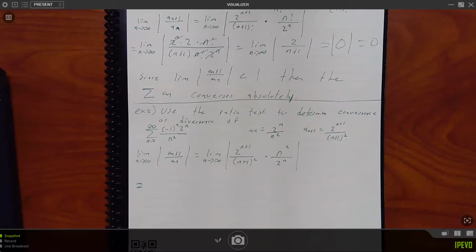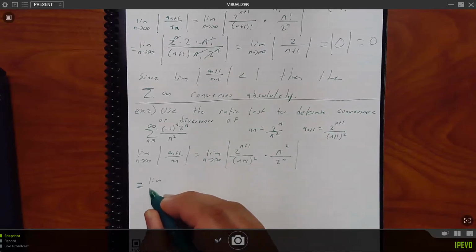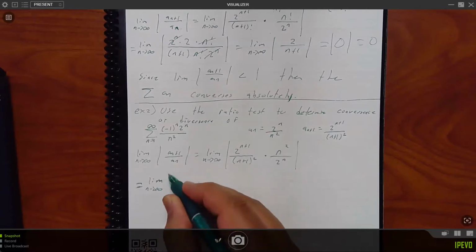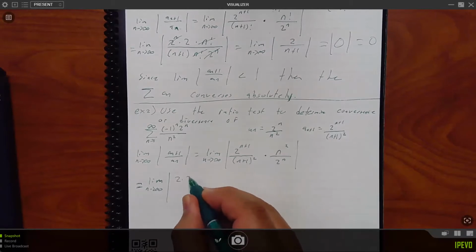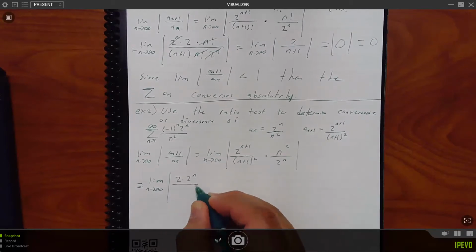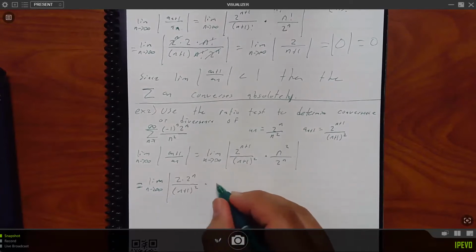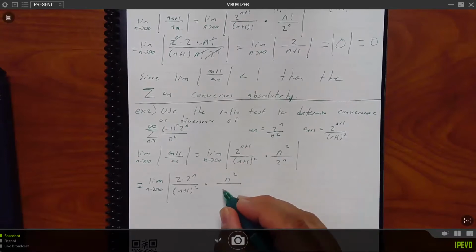All right. So let's show the algebra here. Two times 2 to the n over (n plus 1) squared times n squared over 2 to the n.